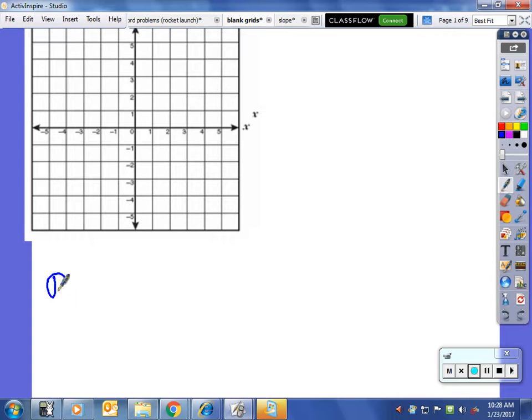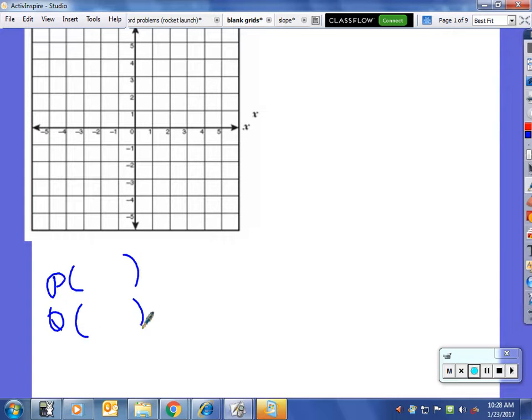Okay, I'm going to give you 2 points. Pretend like you can't see a picture of them. Point P is at 2, 3. And point Q is at 2, negative 1. Now, again, we don't have a picture, so I can't see that these 2 dots are making a vertical line.